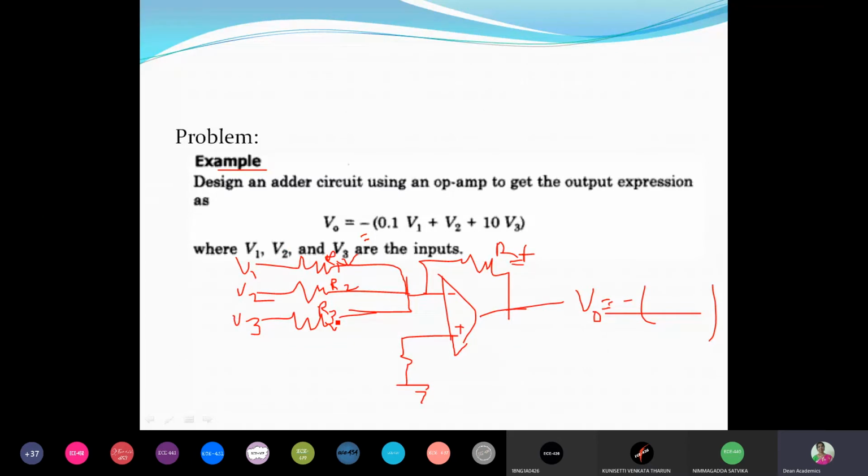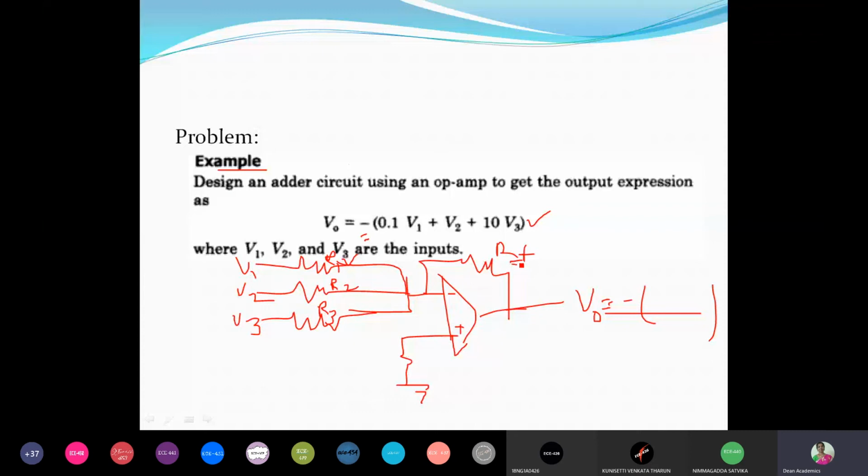Only these parameters you have to calculate or design, because V1, V2, V3 are different voltage sources, different inputs, and for that you need not design anything. The only thing you have to do is find the values of resistors R1, R2, R3 and RF that I have to select for getting this expression. That is what is expected here, right? Now this is called design.